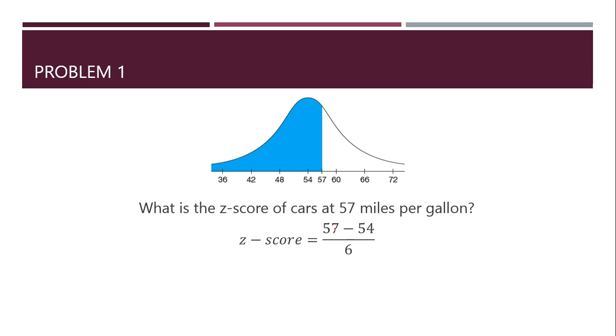So if I do that, 57 minus 54 is 3, which means if I divide by 6, I get a half, or 0.50. I will warn you, you are usually going to round your z-score to 2 digits behind the decimal. On our next lesson, you will see why it is that we do that.